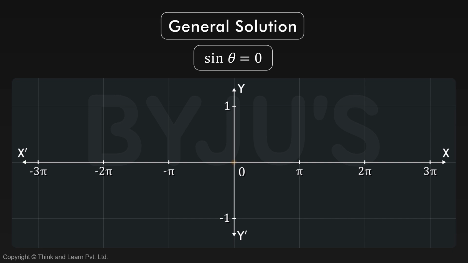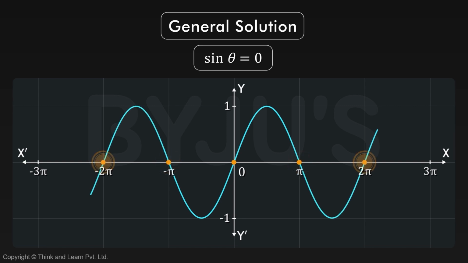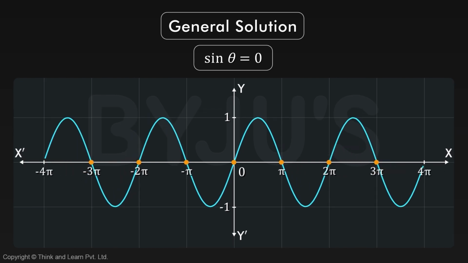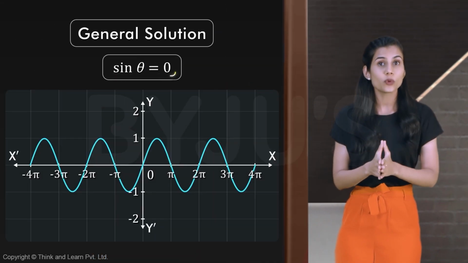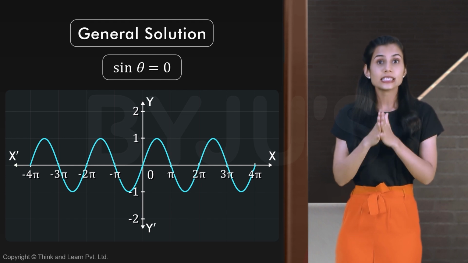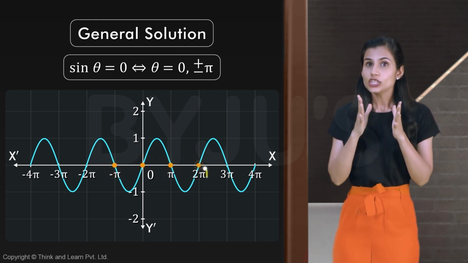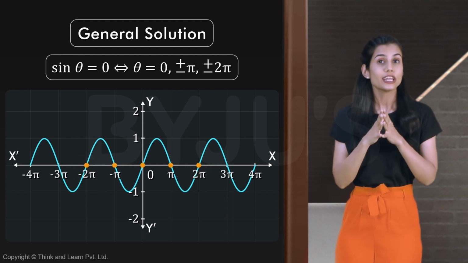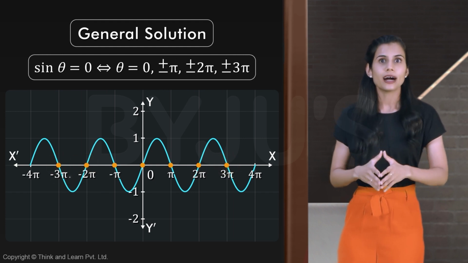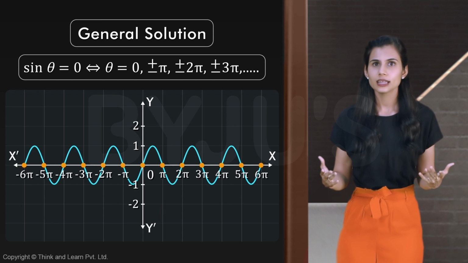What are they? 0, plus minus pi, plus minus 2 pi, plus minus 3 pi, and so on. Hence, extrapolating the same conclusion, we get that the value of sine theta will be 0 for angles such as 0, pi, minus pi, 2 pi, minus 2 pi, 3 pi, minus 3 pi, and so on.